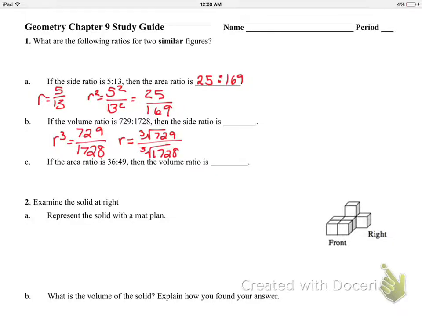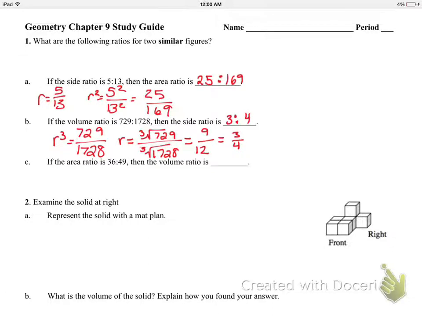The cubed root of 729 is 9. The cubed root of 1728 is 12. If I reduce that, they both divide by 3. That means that's going to be a 3 to 4 ratio, written as a fraction or with your colon.